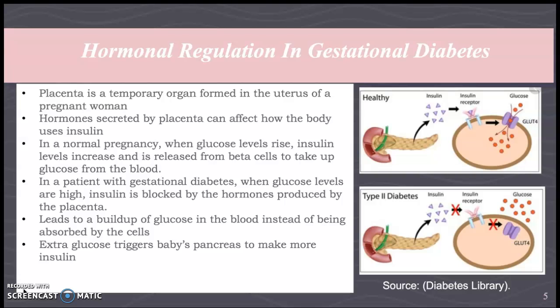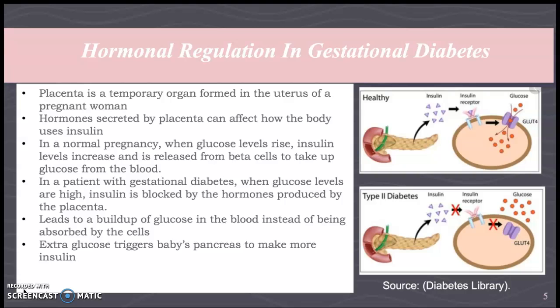When glucose levels rise and insulin is blocked by the hormones produced by the placenta, this can lead to a buildup of glucose in the blood instead of it being absorbed by the cells. And this extra glucose can trigger the baby's pancreas to make more insulin, and this can cause a baby to grow too large, and this syndrome is called macrosomia.